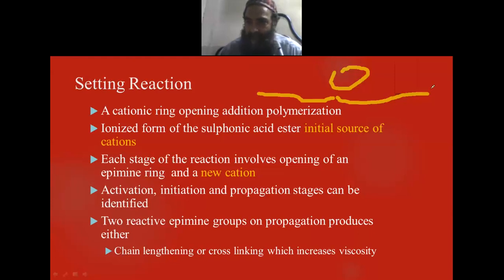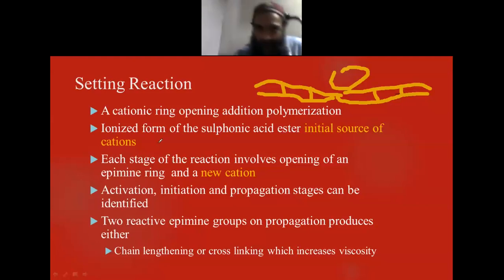And the cross links, if we see the other one again here, and cross linking in between these two, only for the sake of your knowledge, ionized form of the sulfonic acid ester, initial source of cations in this reaction.